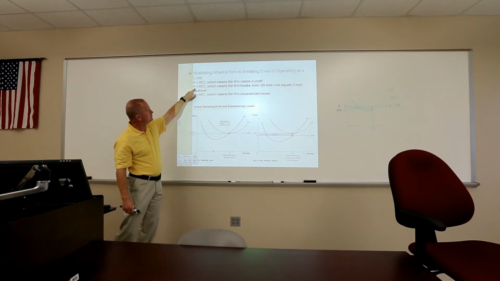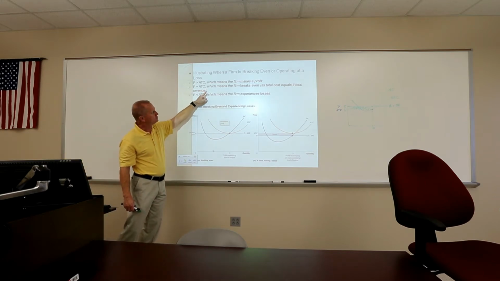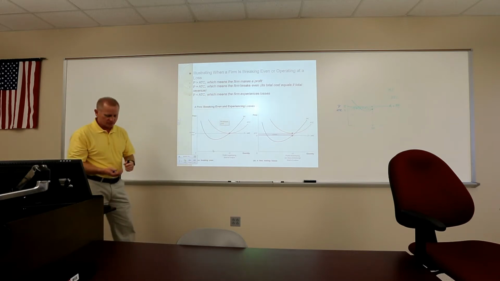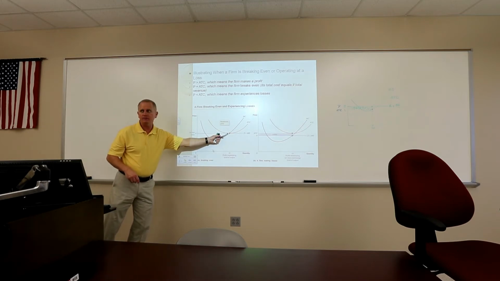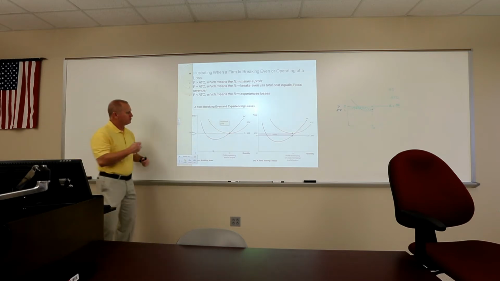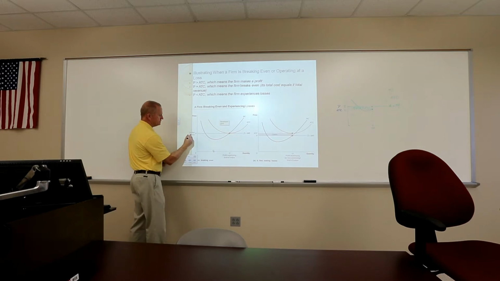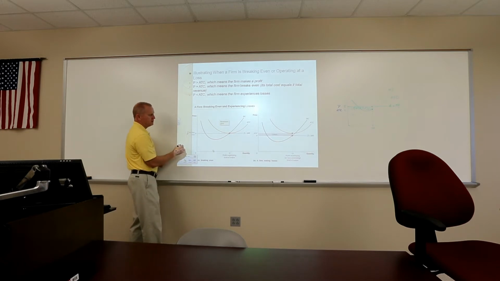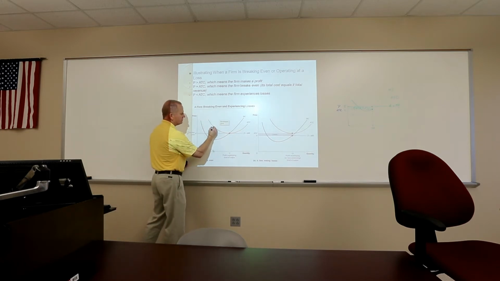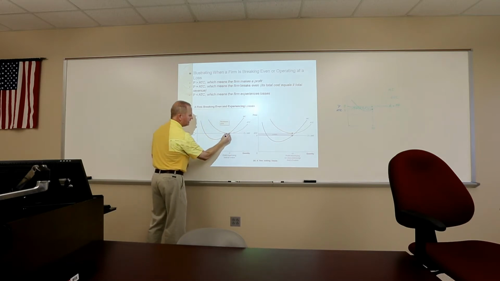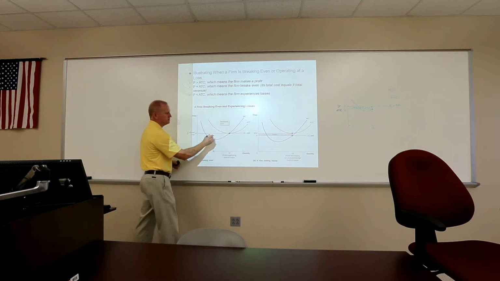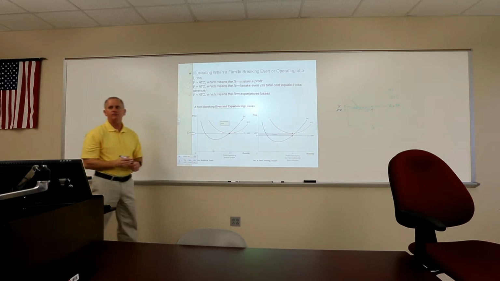If price is equal to average total cost, the firm breaks even; its total cost equals total revenue. That would be the illustration here. Market price, let's say it's 8. The average total cost curve is moving through here, and everything is tangent, barely touching that marginal revenue line.